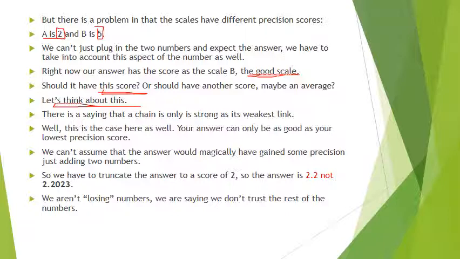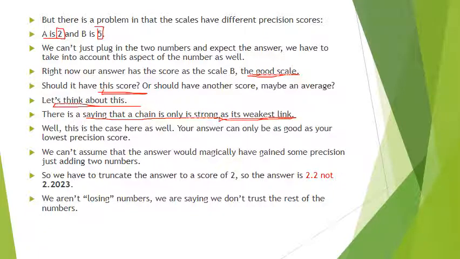Okay, it doesn't matter how fast your fastest runners are. You're only as good as your slowest runner. There's this saying that your chain is only as good as your weakest link.